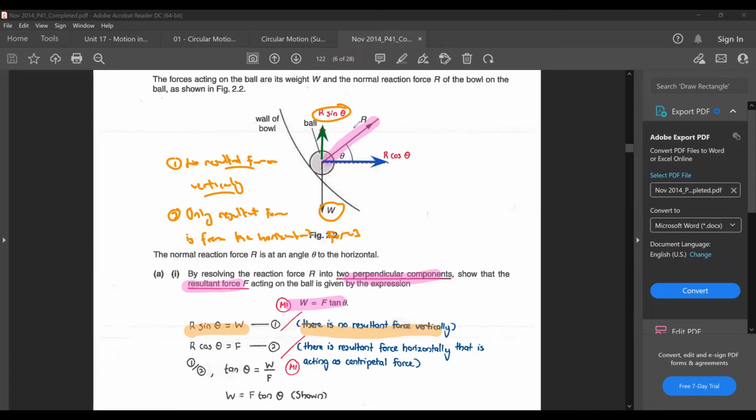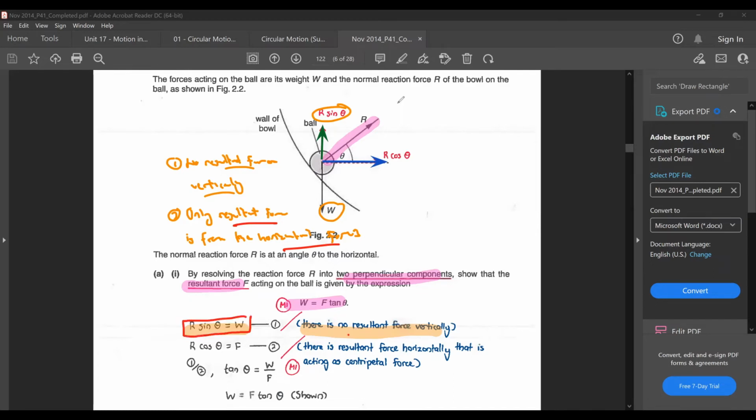Okay, so since we already determined that there's no resultant force vertically, if we have any resultant force, it will be from the horizontal forces. So just now we had the first relation, no resultant force vertically, R sine theta is equal to W.